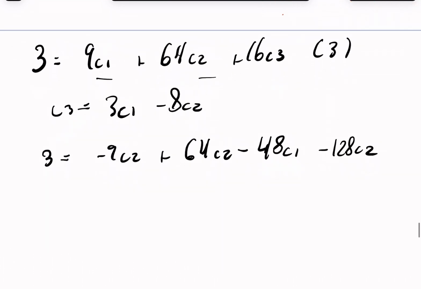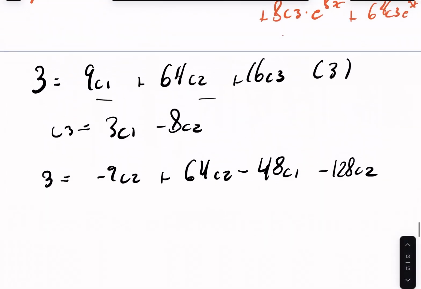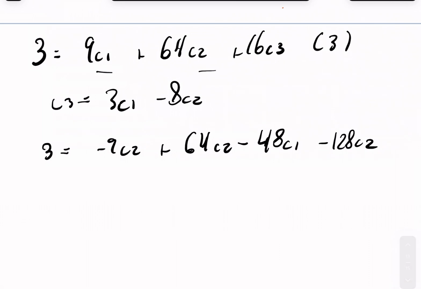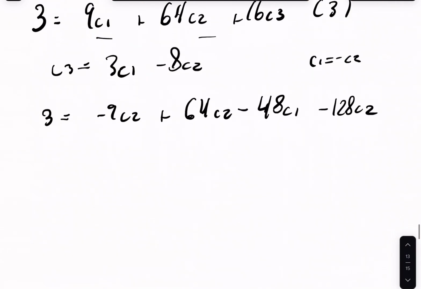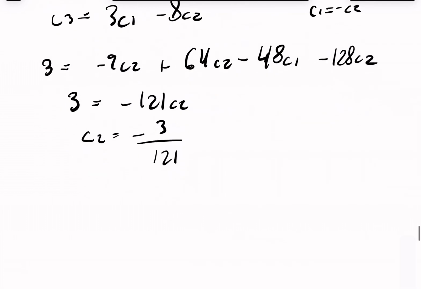Cool. Okay. And now, since we know that C1 equals negative C2 from equation number 1, I'm going to sub that in and then simplify really quickly. So I'm going to get 3 equals negative 121 C2, and C2 equals negative 3 over 121.